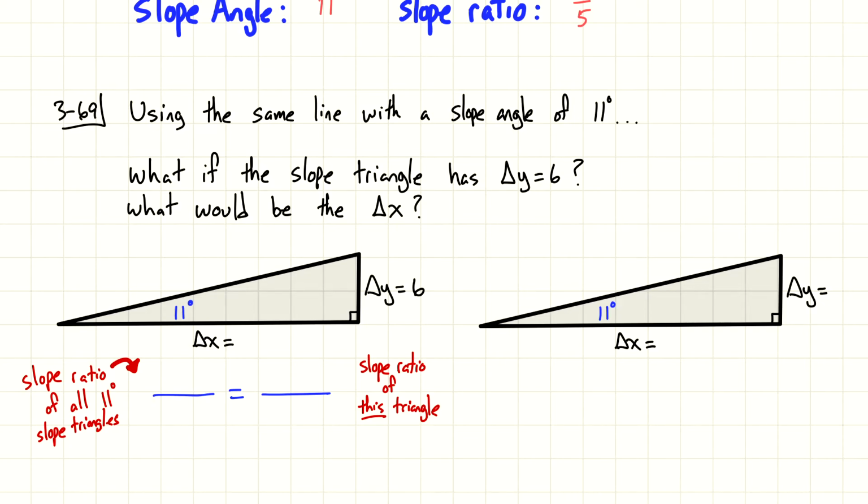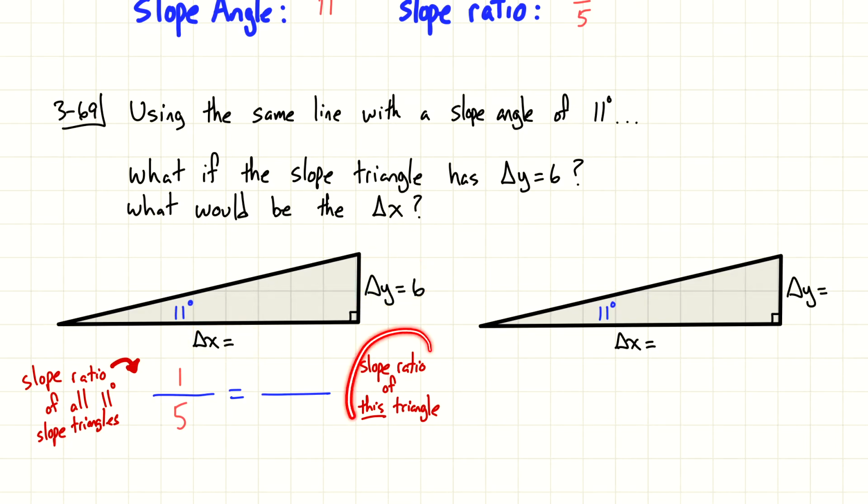Well, if I think about it, the slope ratio of all the 11-degree slope triangles from the previous problem all had the same slope, and that slope was 1/5. Now, if this slope triangle is the same as all the others, that means this one should have the same slope. But what I do notice is the measurements here are a little bit different and missing.